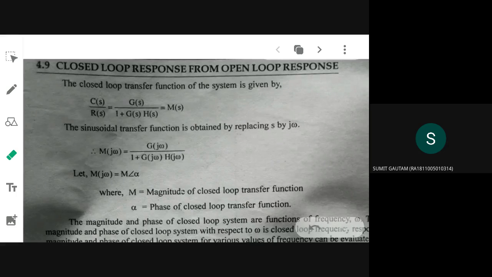So tell me what are the different frequency response plots you have learned so far? How to draw them? Pratik, tell me what are the various frequency response plots that you have tried out?